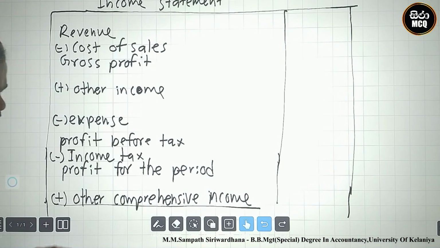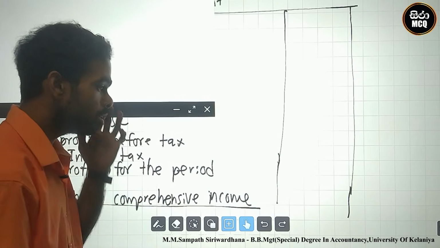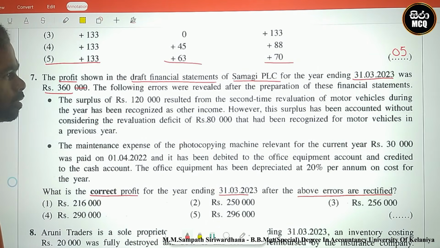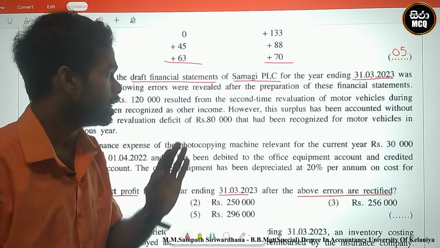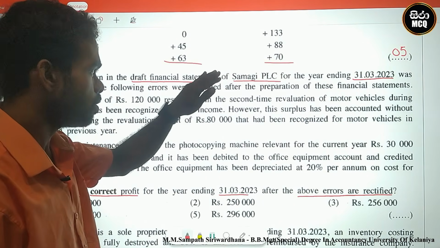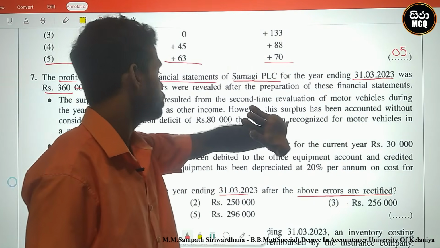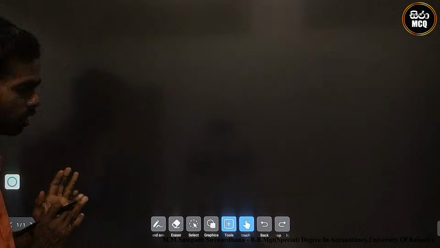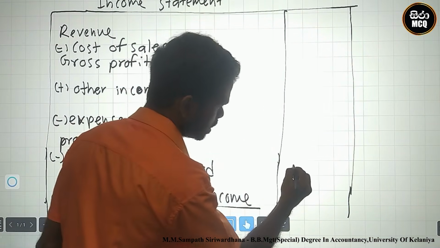Okay, let's see. They gave some information. First, the profit. Profit means the profit for the period shown in the draft financial statement of Samagi PLC for the year ending 31st March 2023, 360. They already calculated the profit for the period as 360.